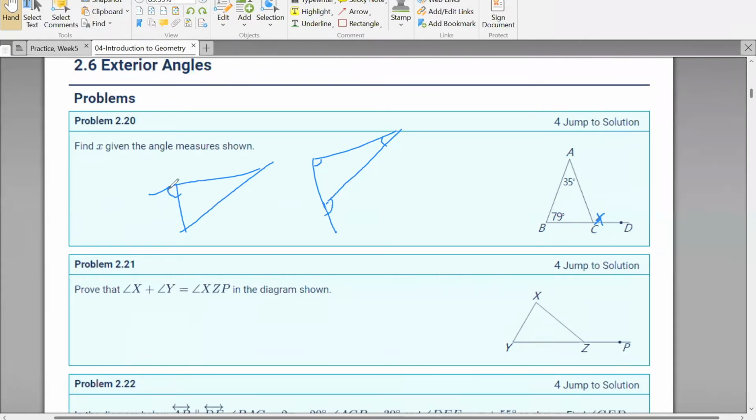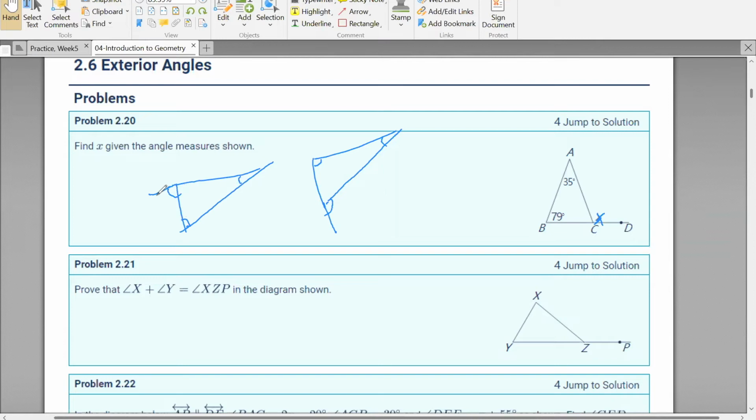Now, for this external angle, the two remote internal angles are this and then this. So basically, not the internal angle that is next to the external, but the other two, the ones that are remote, right? So now the principle is that if you add these two remote internal angles, they would add up to that external angle.